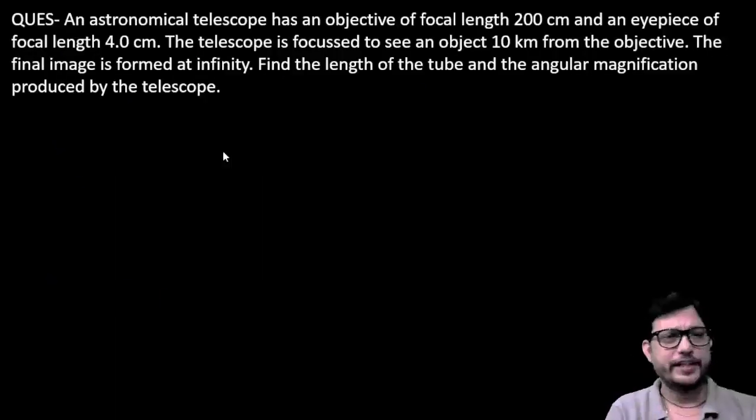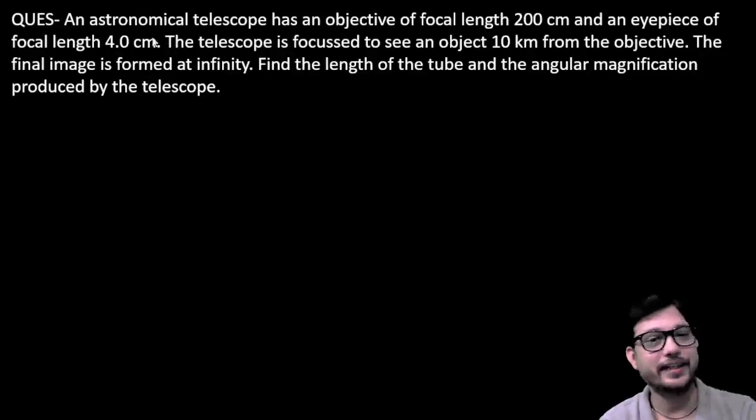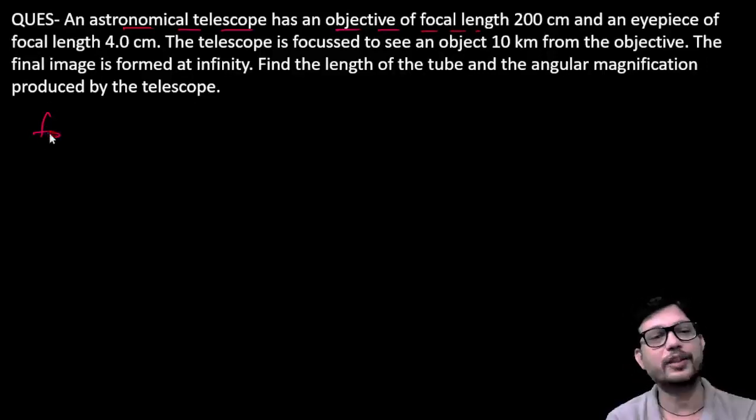This is your question which is based on the astronomical telescope. Now we will see what is given in the question. It is clearly mentioned that you have an astronomical telescope, and the focal length of the objective lens is given by FO, which is 200 centimeter.